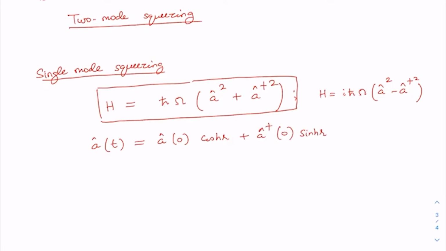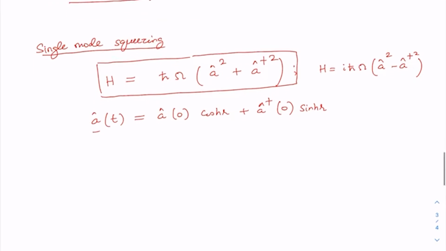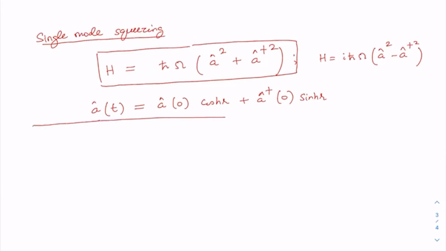We discovered that this eventually gave squeezing in one quadrature of the annihilation operator A at the cost of amplification of the other quadrature.